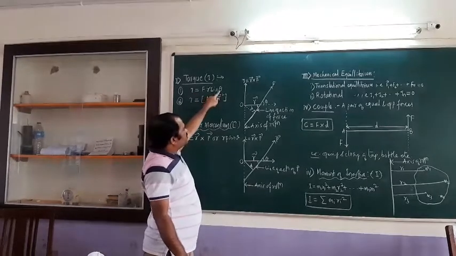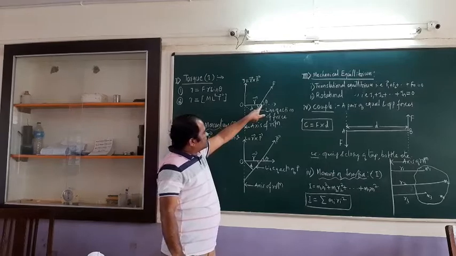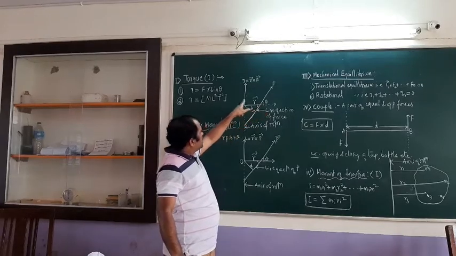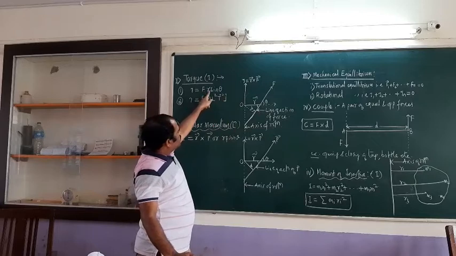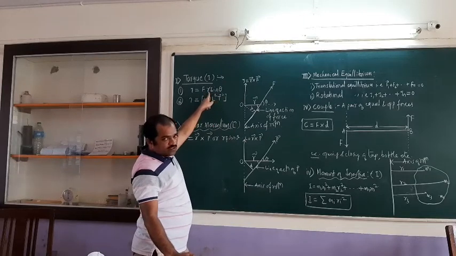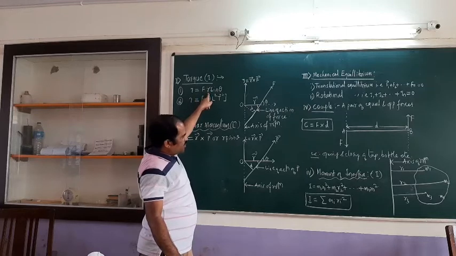Suppose theta is equal to 90 degrees, then what happens? This becomes F into R, because sin 90 is 1. So the torque is going to be maximum.